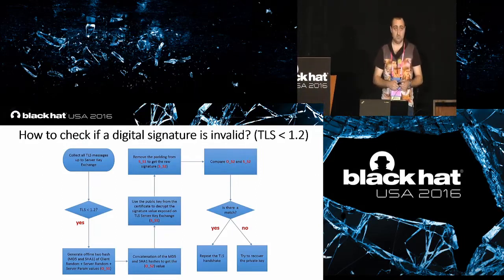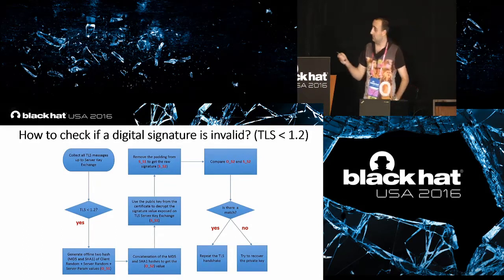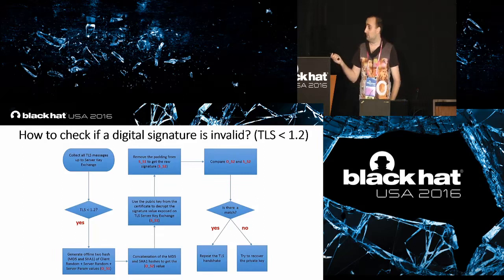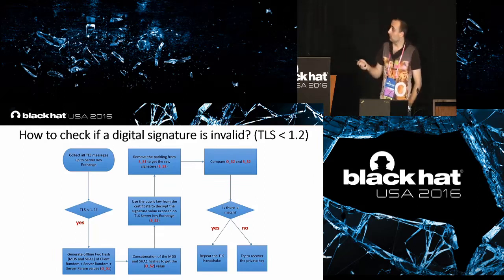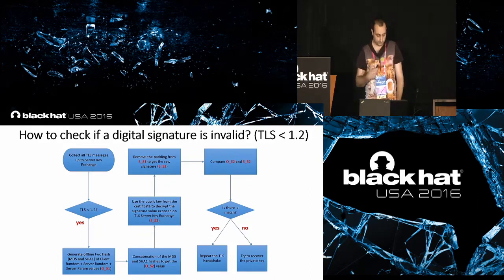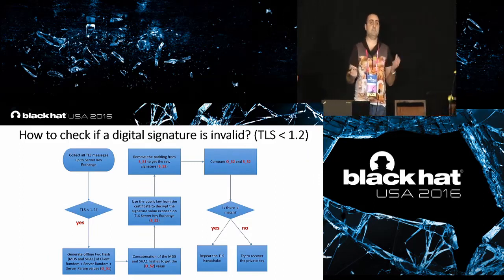Next, the tool uses the public key of the server to decrypt the digital signature inside the server key exchange message. From there, the padding is removed, and then the result is compared with the hashes that have been calculated offline.